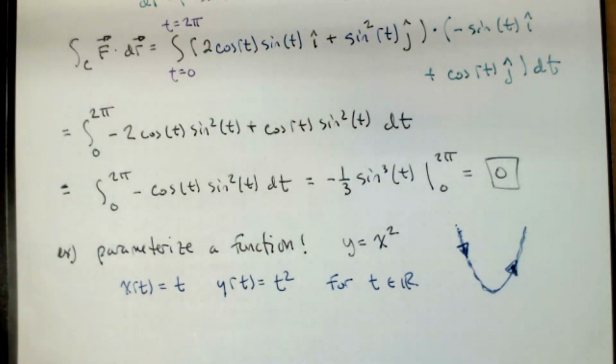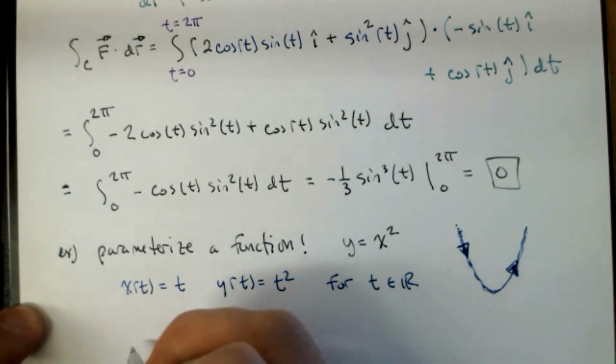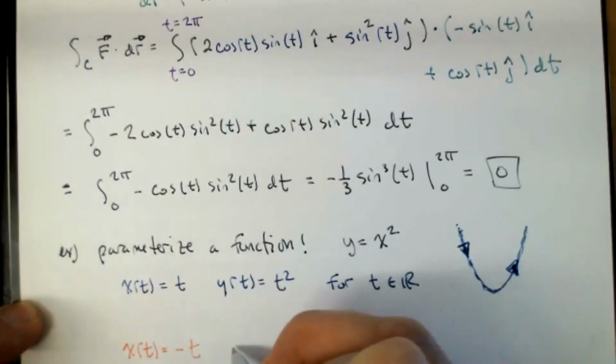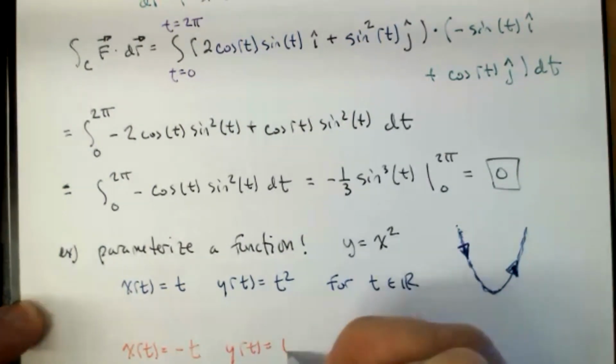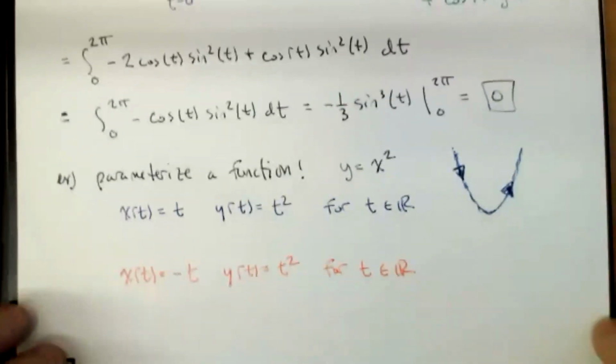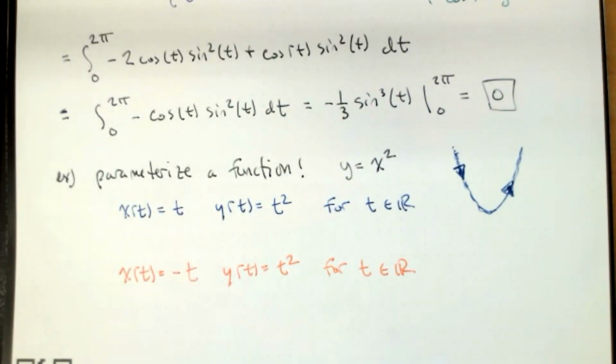So if we want to adjust things, if we say, hang on, I don't want x to go from left to right, I need it to go from right to left. If I want to switch the orientation, I'll just reverse the direction of the x-axis. Now we're going to get the same parabola, but negative infinity will be here and positive infinity will be there. Positive infinity will be where negative infinity was.